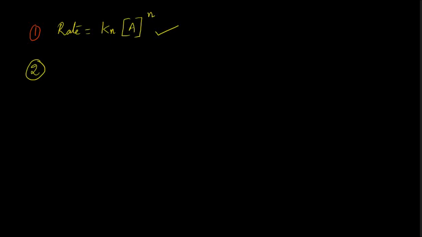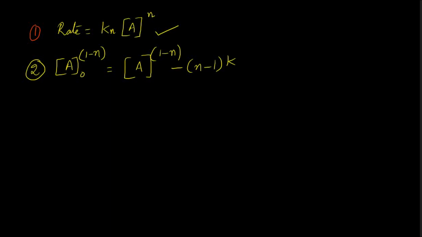The second one is the integrated rate law, that is [A] power 1 minus n equals [A0] power 1 minus n plus (n minus 1) k n t.